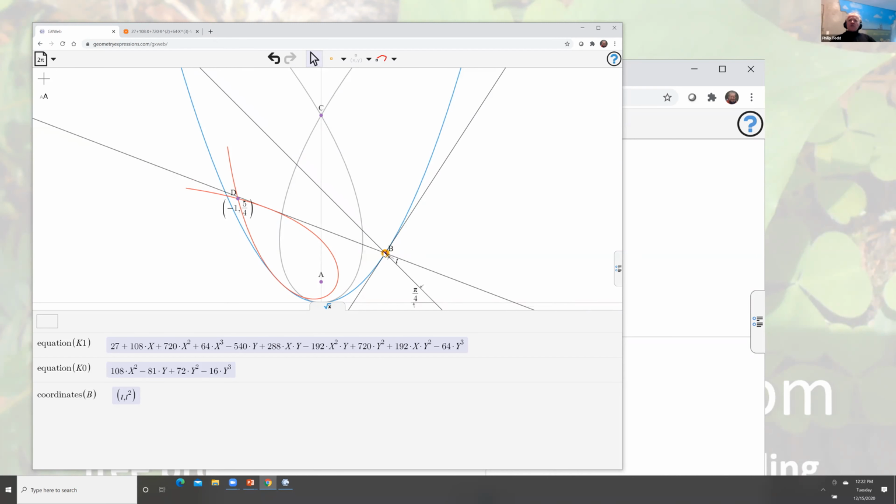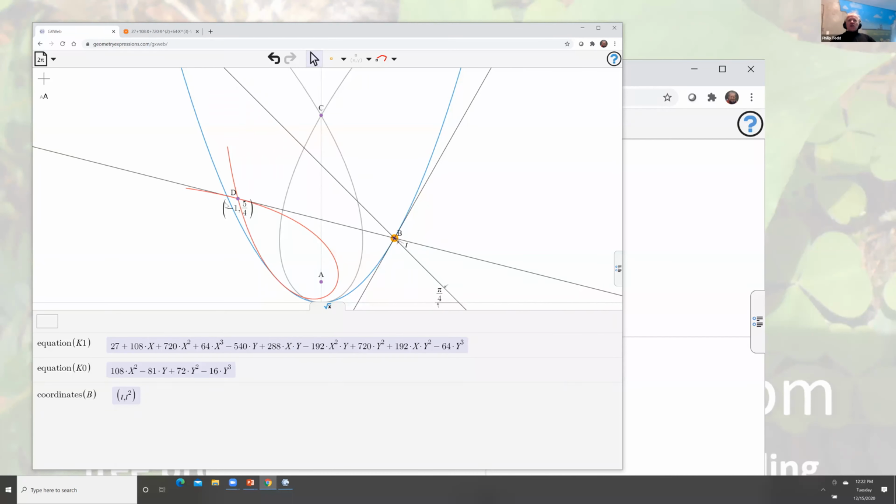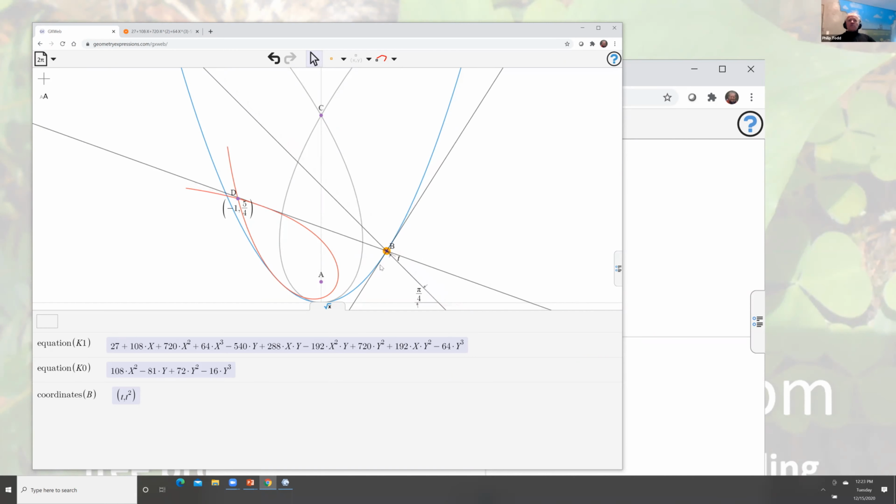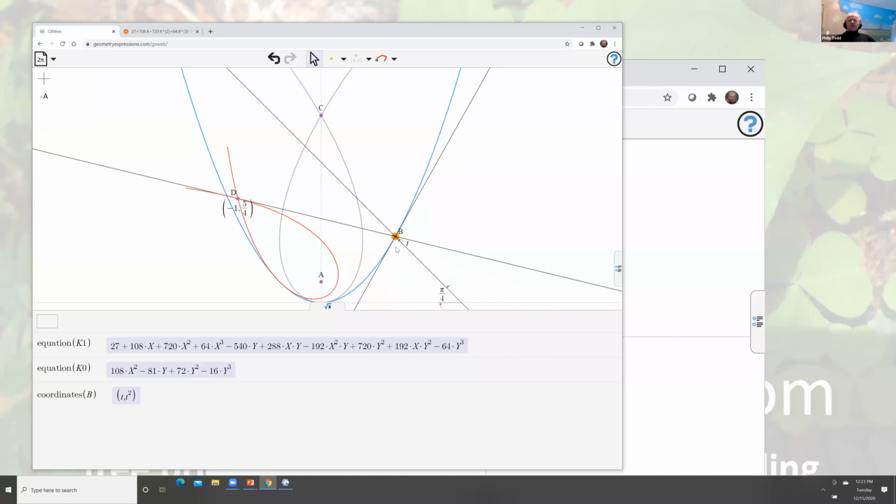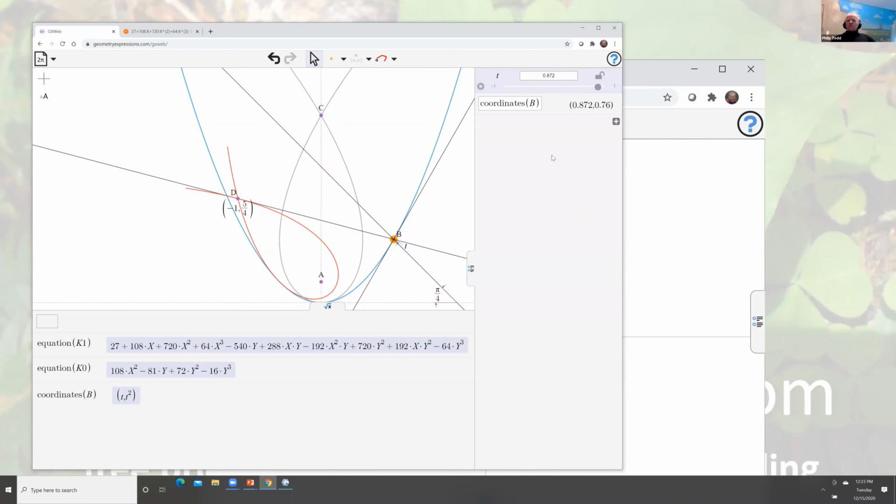And so my question then becomes, which value of t is going to contribute that point to the caustic? Somewhere around about where I am just now. I don't know what value that is at the moment. I'm at 0.872.